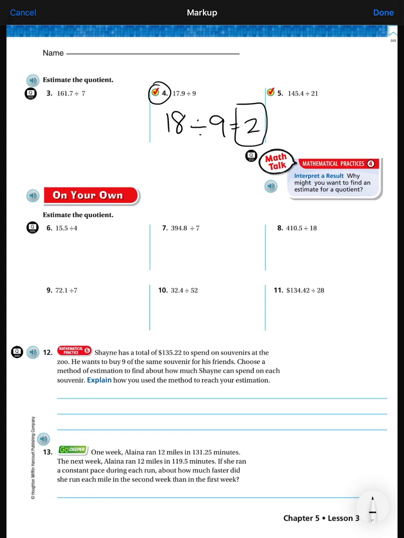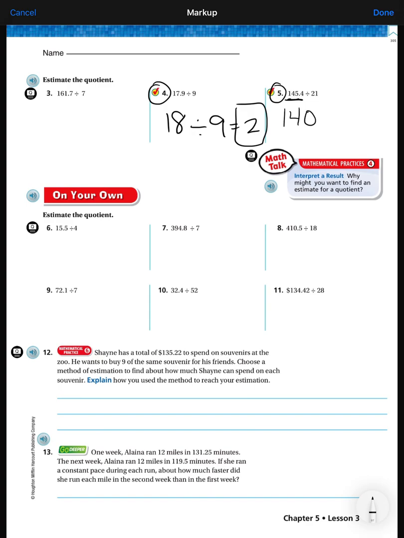Now let's look at number 5. 5 is going to be different for us. What if I have 145.4 divided by 21? Now this time I'm going to make 2 compatible numbers because 21 is not going to be easy to work with. So 145.4, what if we change that to 140?